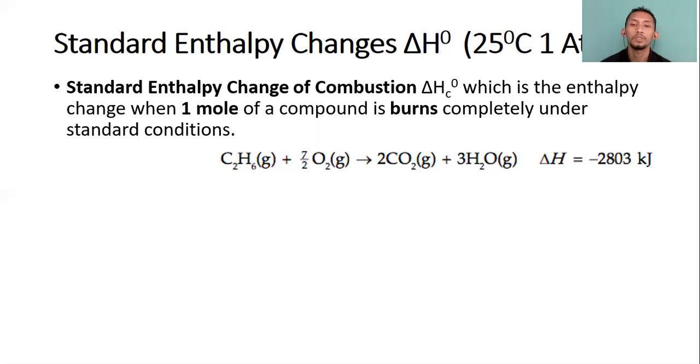When we burn it, it will produce CO2 and H2O. All the carbon will produce CO2 and all the hydrogen will produce water. And then you have to adjust the coefficients.